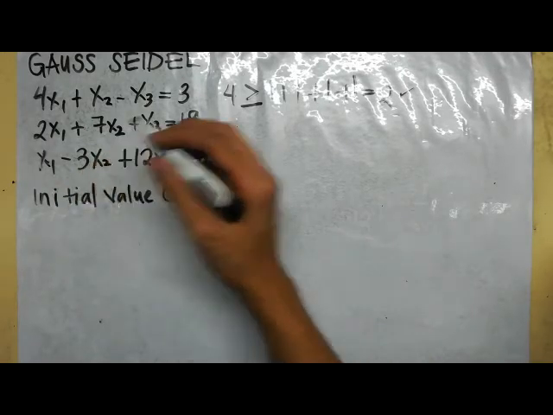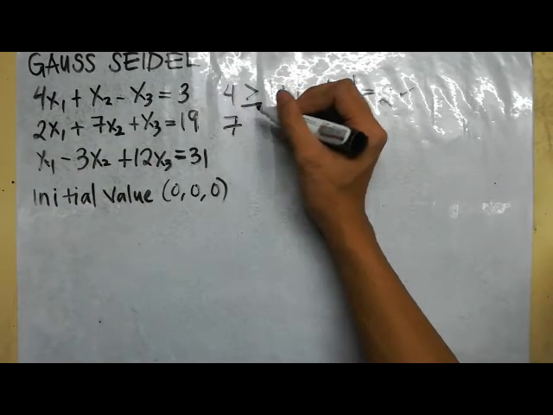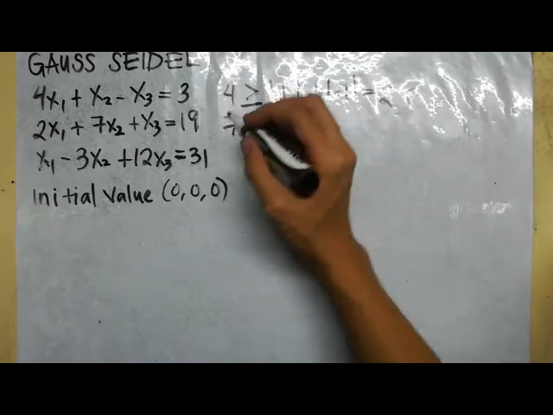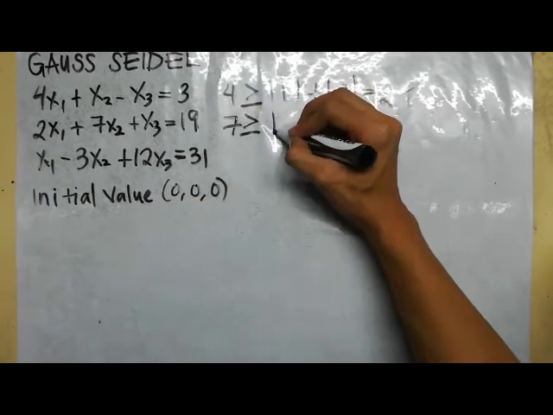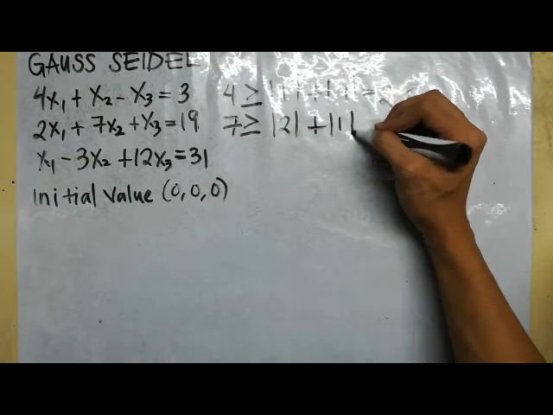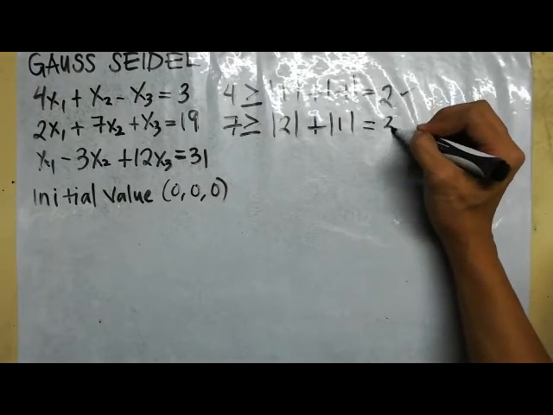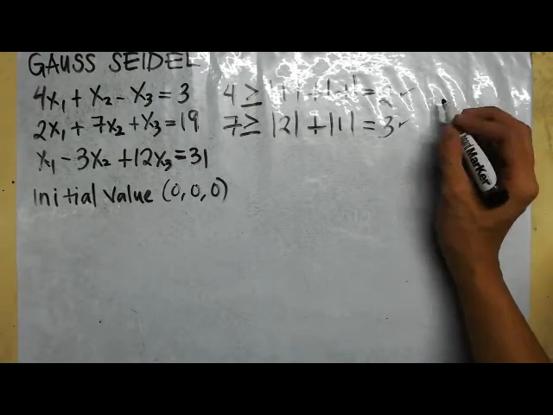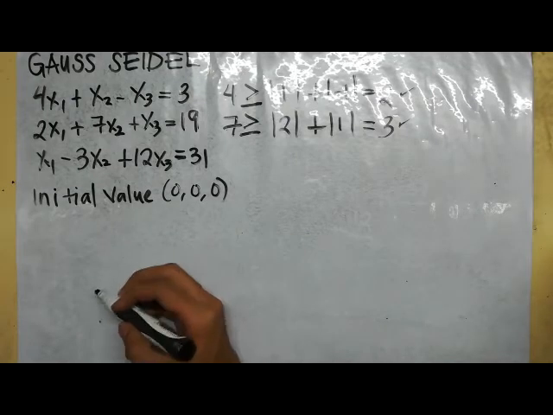Next we have 7 is greater than or equal to 2 plus 1, so we have 3. So 7 is greater than 3, so this is checked.